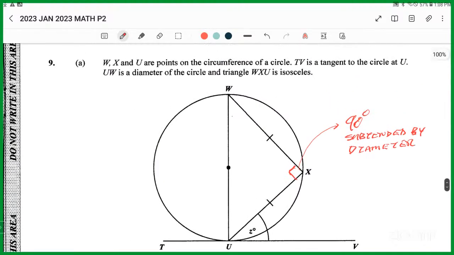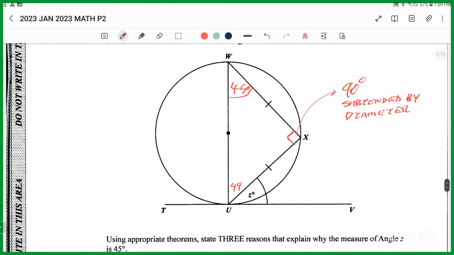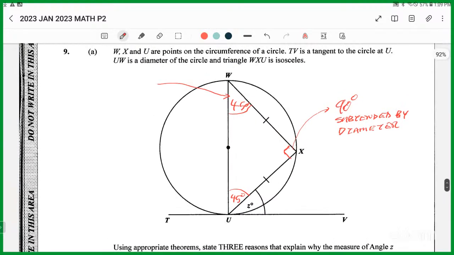But this angle up here, I'm going to say is 45 degrees. You understand this angle is 45 degrees? Now, the total angle in a triangle is 180, right?